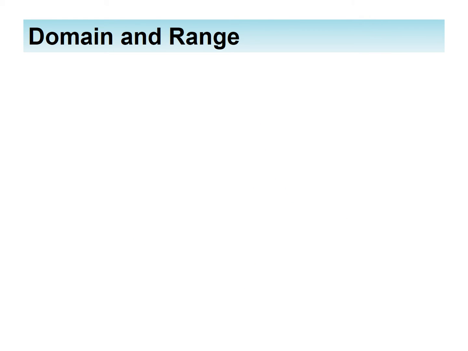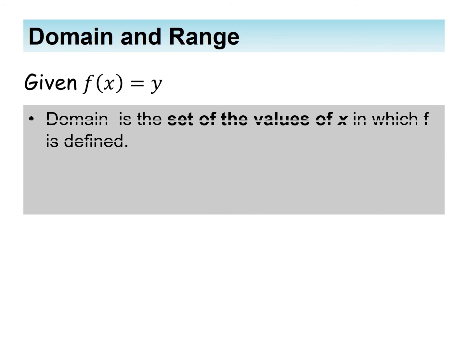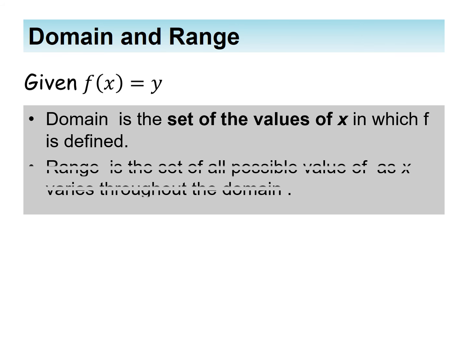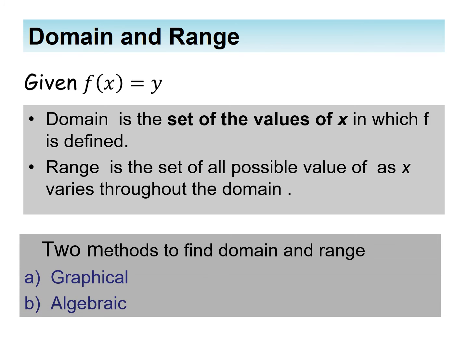Domain and range. Given f(x) equals y, the domain is the set of the values of x for which f is defined. The range is the set of all possible values of y as x varies throughout the domain. There are two methods to find domain and range: the graphical method and the algebraic method.